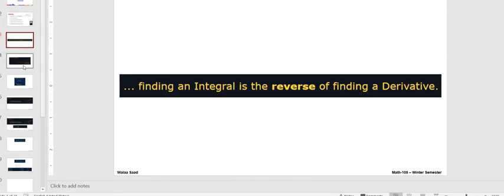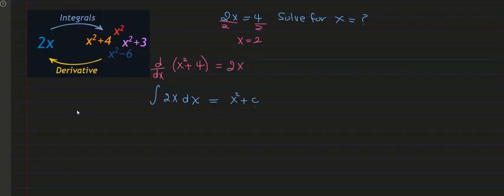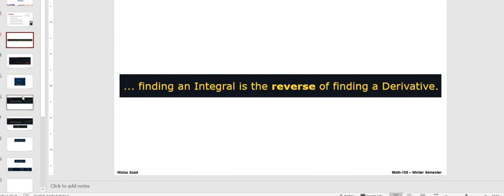So in general it's the opposite operation. We can also say that inside this operator we have the derivative of a function, and then we solve this operator, this stretched s and dx, in order to get the function before the derivative plus c. And we will discuss that c.